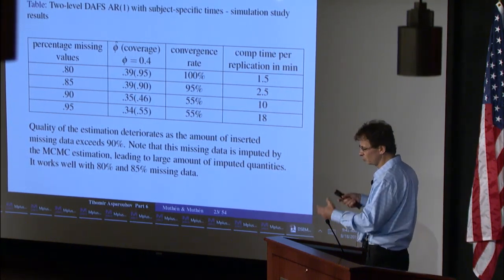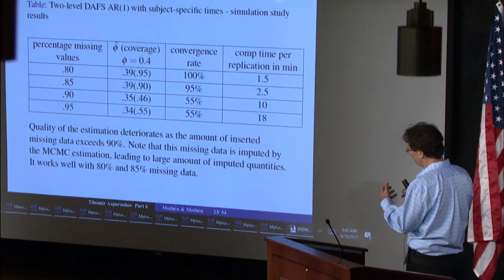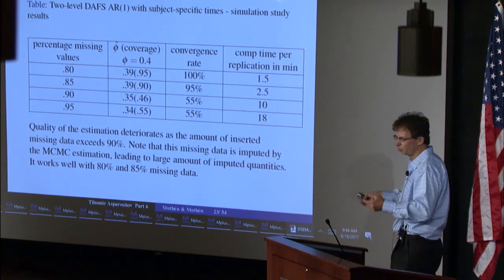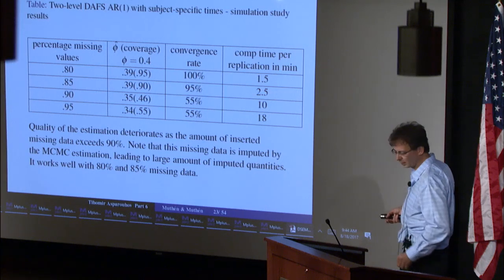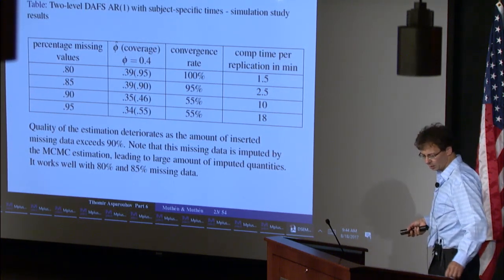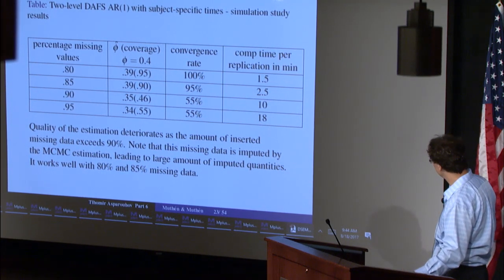So we started to feel the situation that you probably can get up to 90% missing values, but not more than that. Probably optimally would be 80% missing values. Between 80 and 90% missing values can be introduced into the data to account for unevenly spaced times of observations.